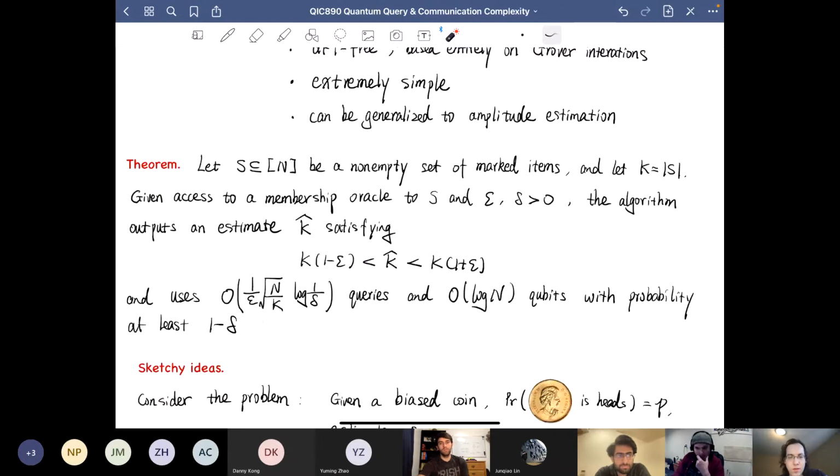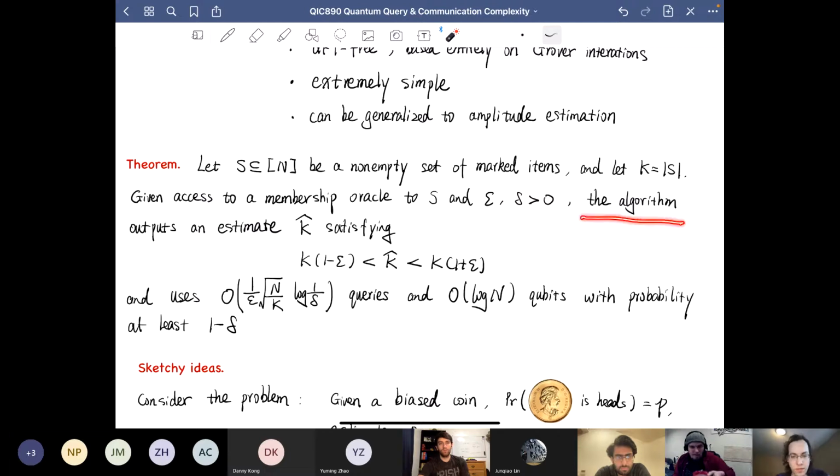So given an approximate counting problem where k out of n items are marked, and given a constant epsilon and a constant delta, well, this epsilon is related to the error, and delta is related to the success probability.